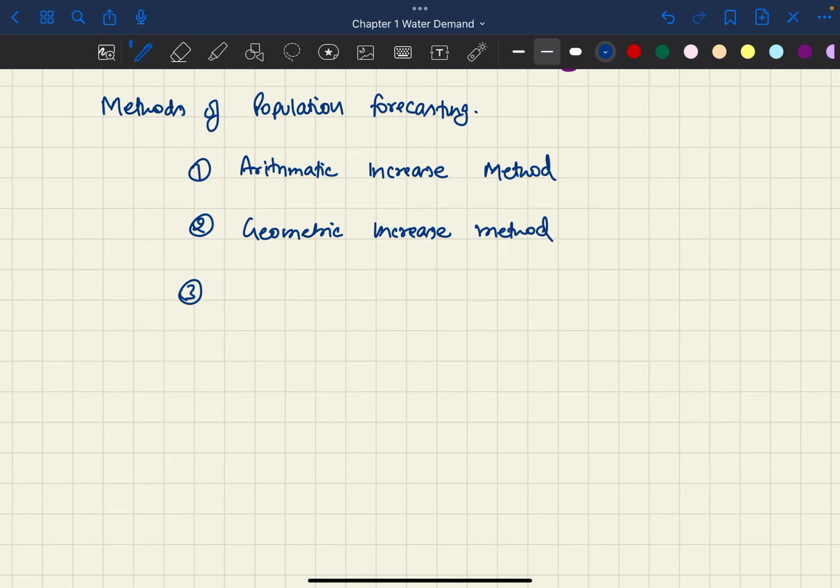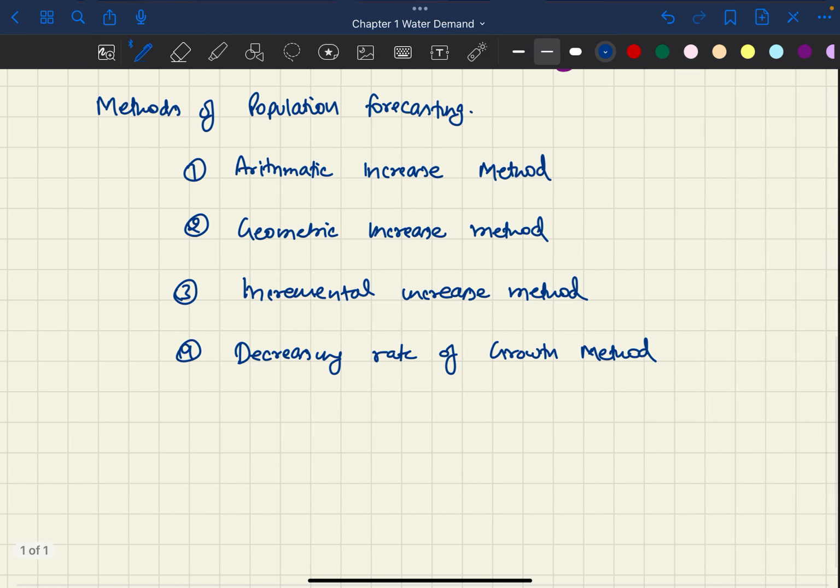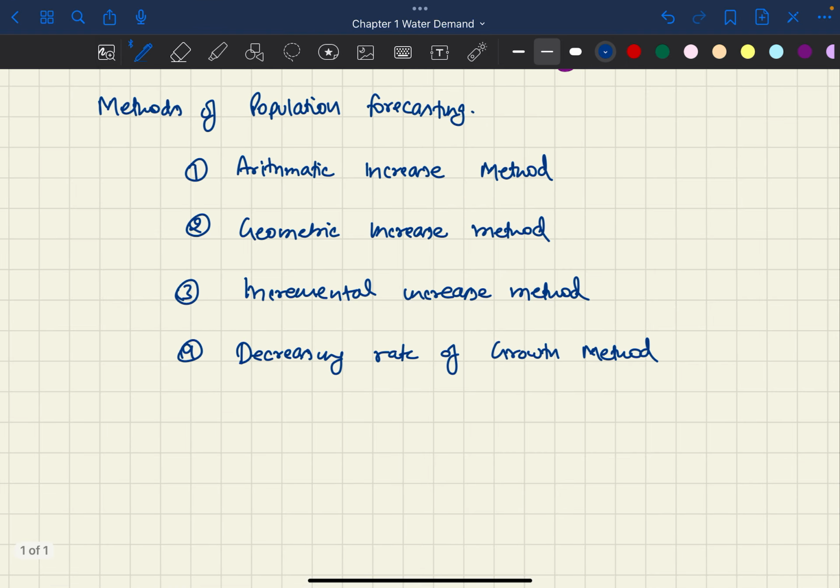Third is incremental increase method. Fourth is decreasing rate of growth method. They have some other names also, which I'll be describing now.